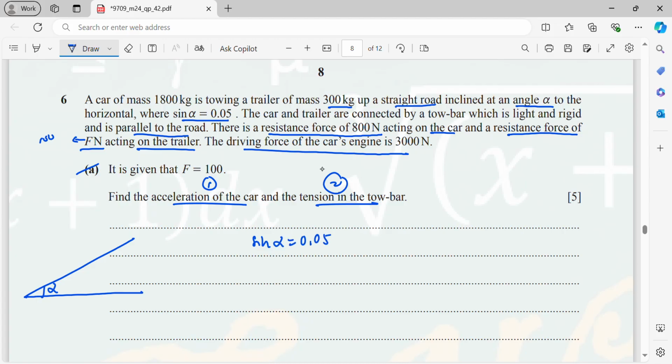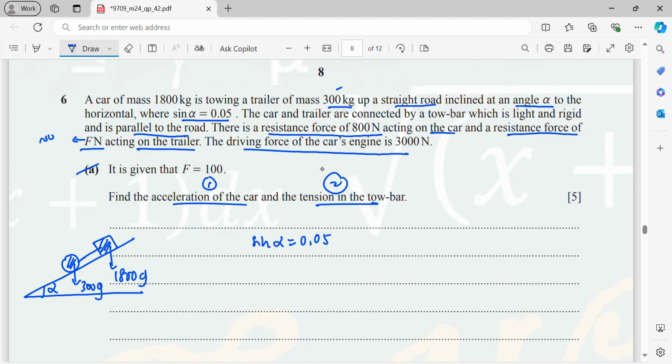This is the car, and here is the trailer. 1800 g is the weight, and then the trailer is 300 kilograms, so this is 300 g.